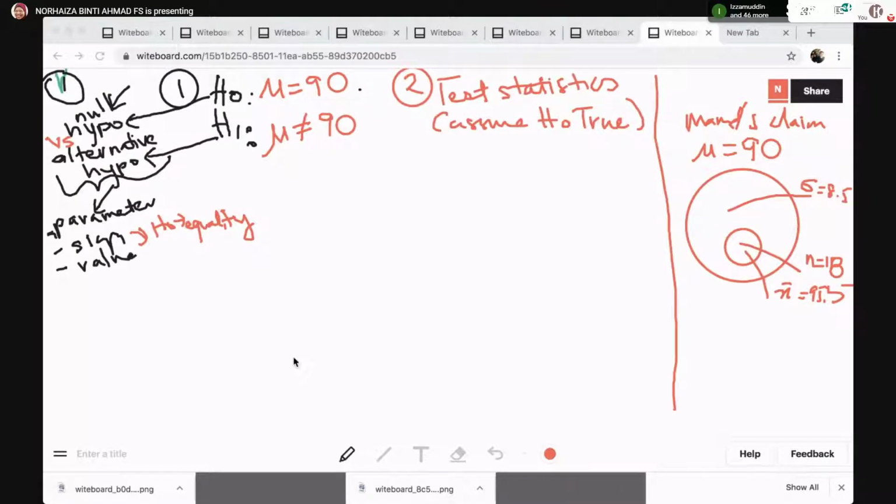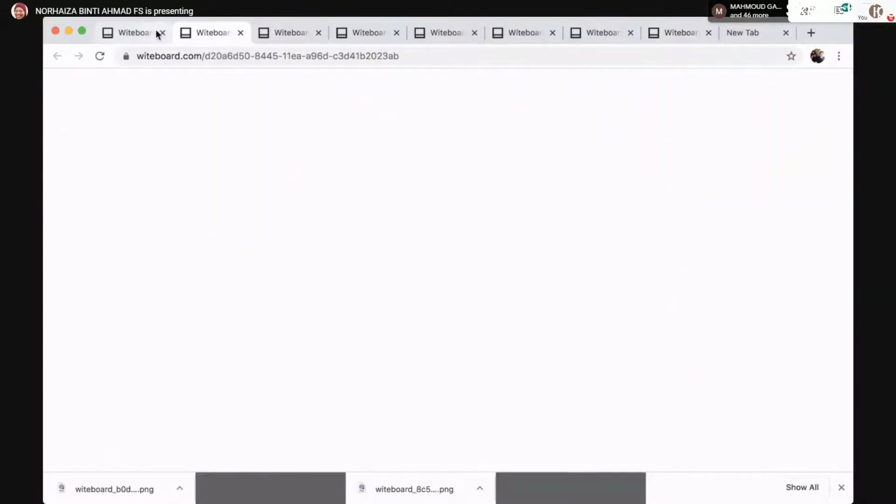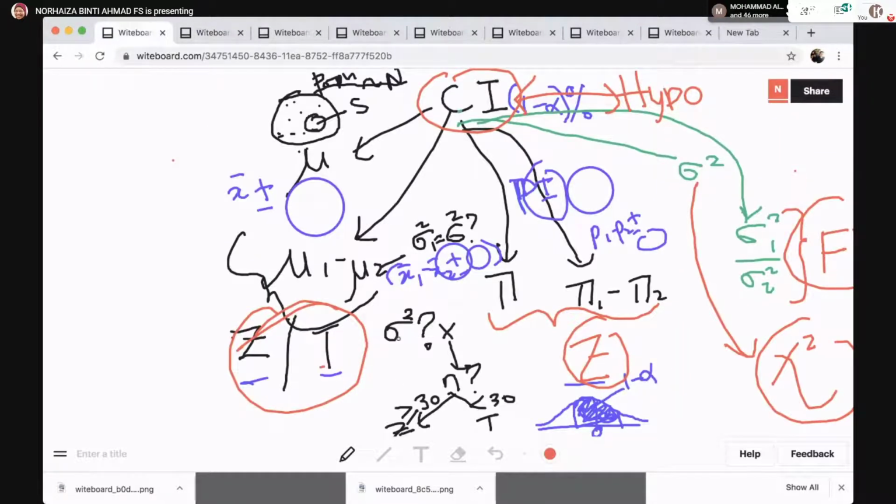Right, it's a Z distribution. It's not T distribution, because even though your sample size is small, remember your mantra, you always check whether you know population variance or not.